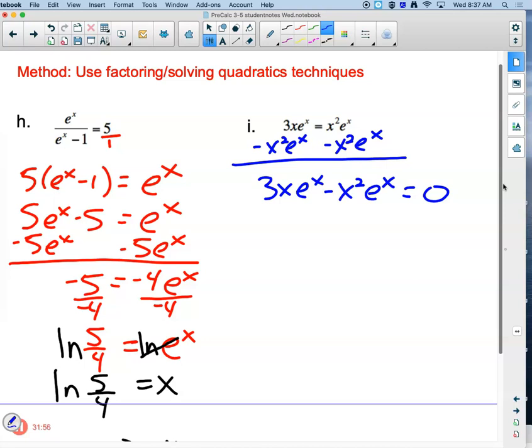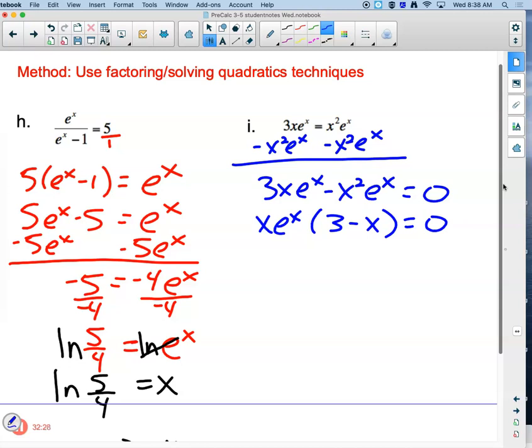Well, let's see. They both have an x, and they both have an e to the x. So we get x e to the x times the quantity 3 minus x. Double check in here. Took x out, e to the x out.